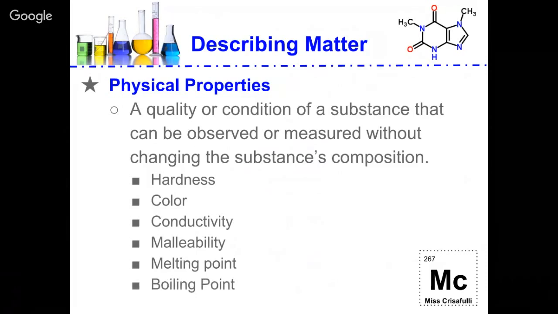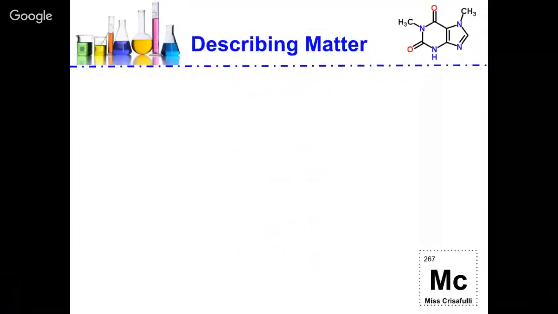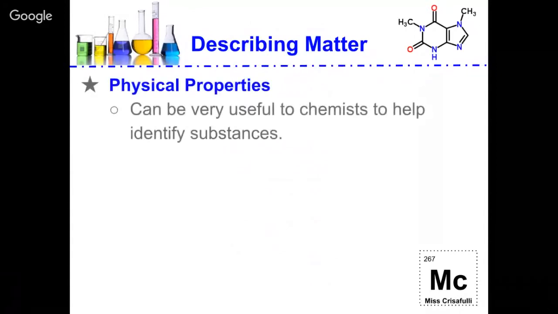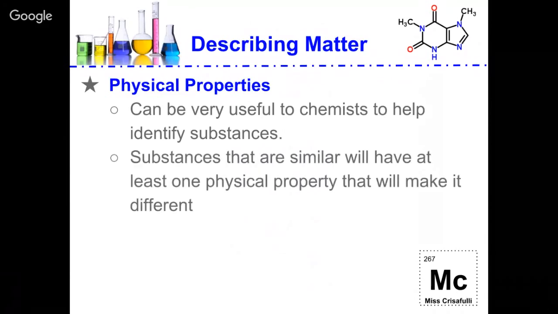Those are all physical properties, because if you check to see how hard something is, or the color, melting point, boiling point, you're not changing the identity of the substance. You're not changing its composition. Physical properties can be very useful to help chemists understand and identify the substance. Substances that are similar will have at least one physical property that will make them different.